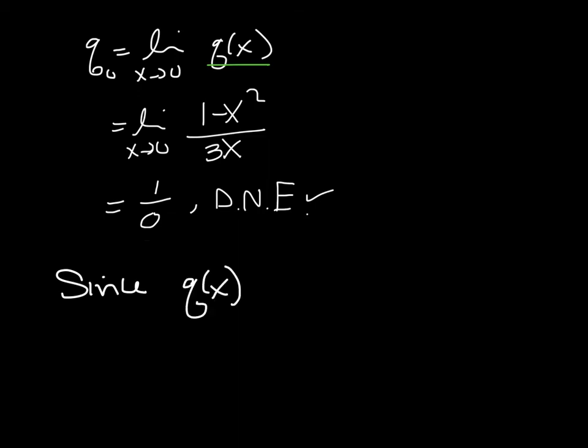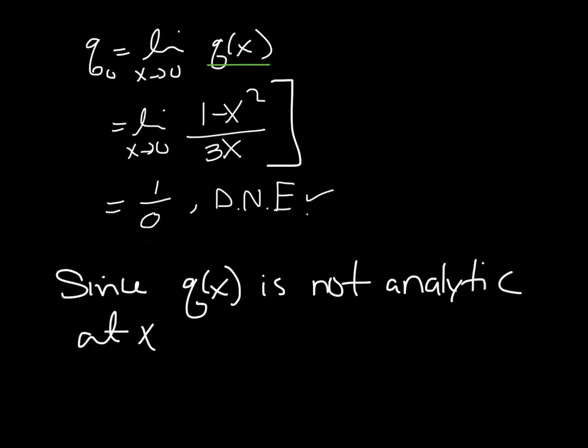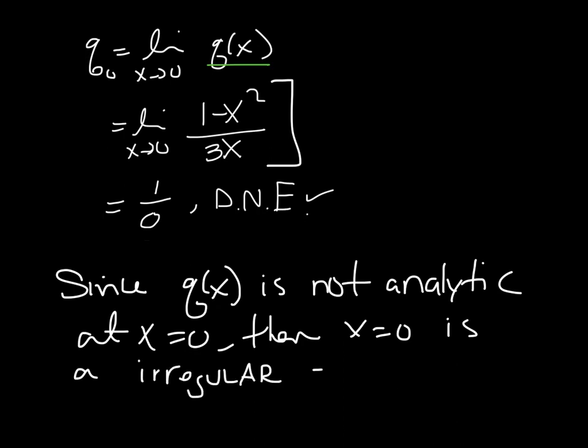Since Q of x is not analytic at x equals 0, then of course x equals 0 is an irregular singular point. And since it's irregular, there's no need to find exponents using the indicial equation.